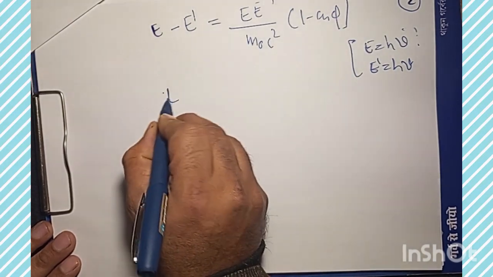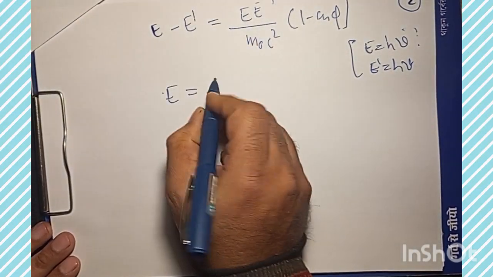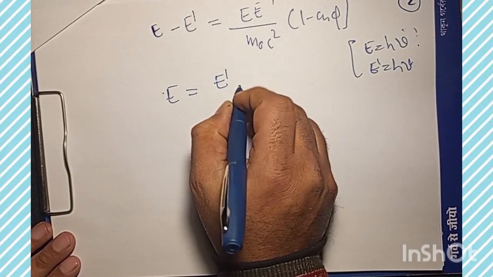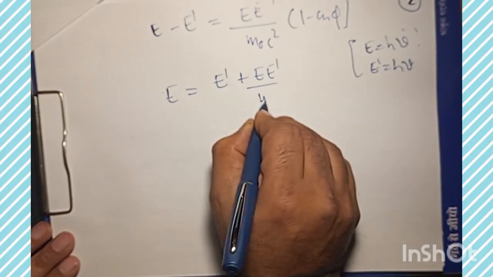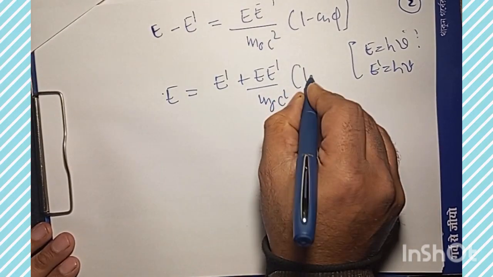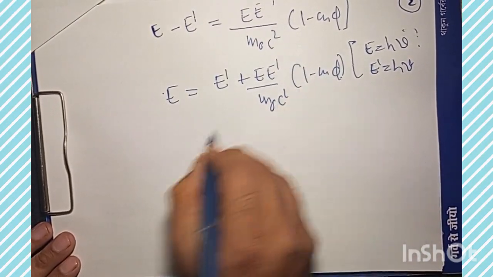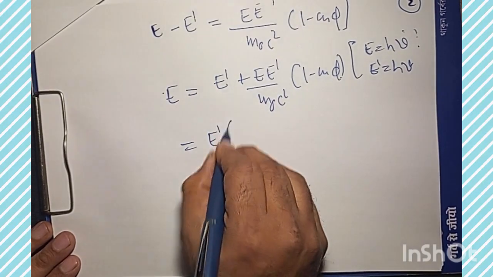Now this E dash will go on the other side of the equation. So plus E dash by m naught c squared times (1 minus cos phi). Here I will take E dash out.